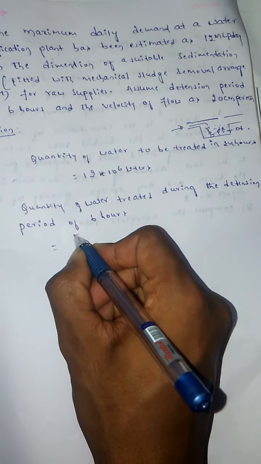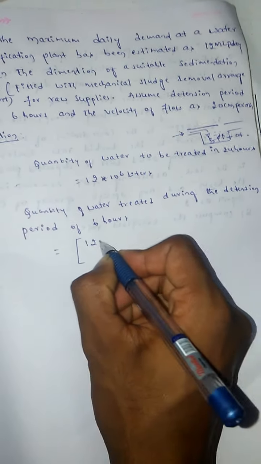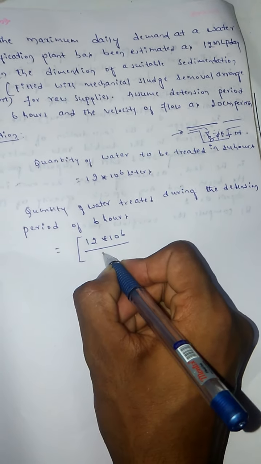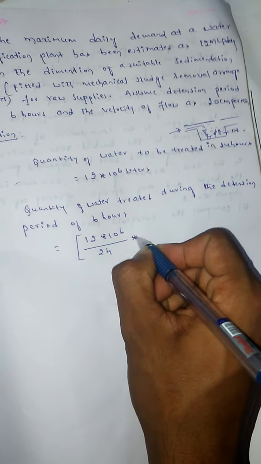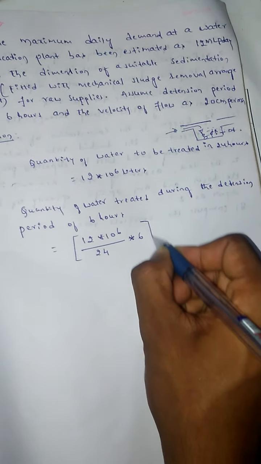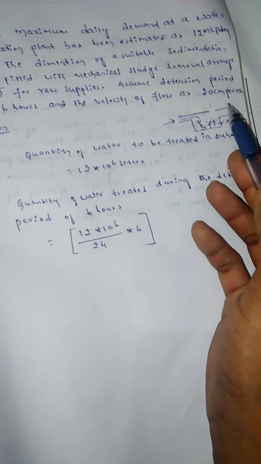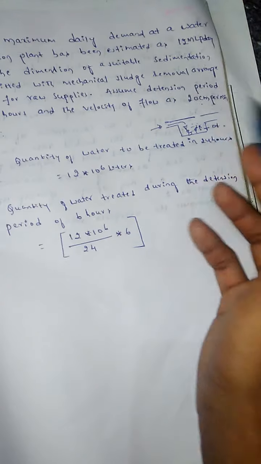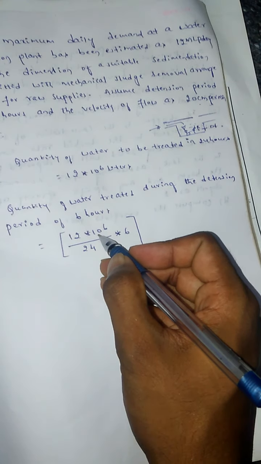So for that, 12 into 10 power 6 divided by 24 hours, into 6.